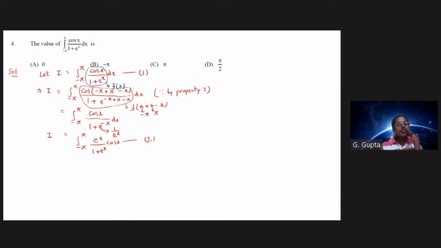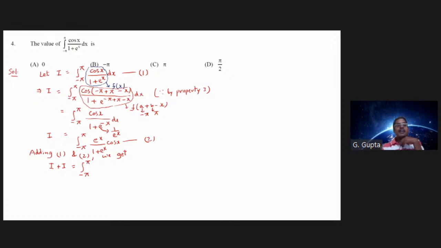So when you have two I's, just like 12th standard, adding 1 and 2, whether you all remembered or not. So adding 1 and 2, we get left side I plus I, left plus left side, right side plus right side, integration with limits same.